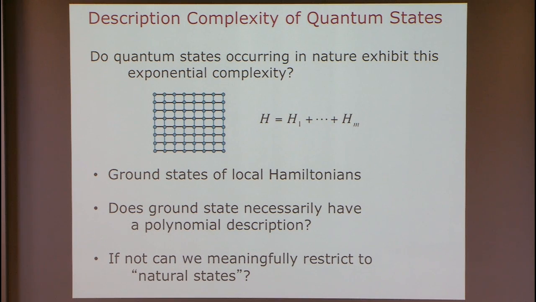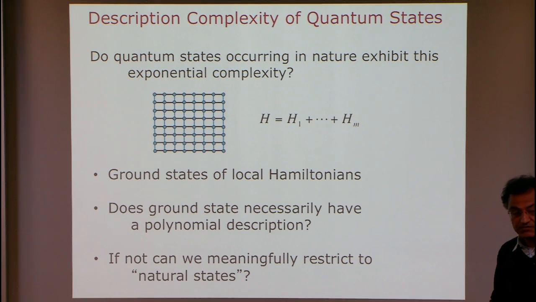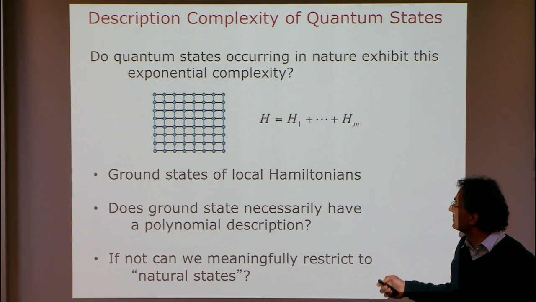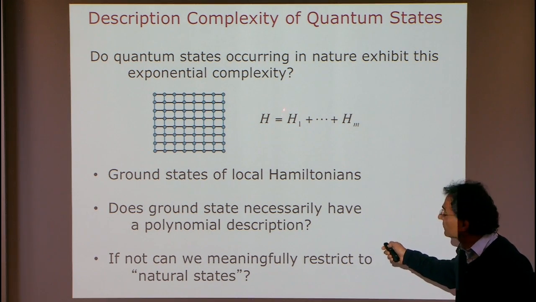The kinds of quantum states we'll focus on are ground states of local Hamiltonians. This is one way to specify a physical system, by specifying the Hamiltonian, or the energy operator. Let's say we have a lattice of particles, each of which could be a two-level system, or qubit, or a d-level system. And we have interactions between these particles represented by terms of this Hamiltonian.